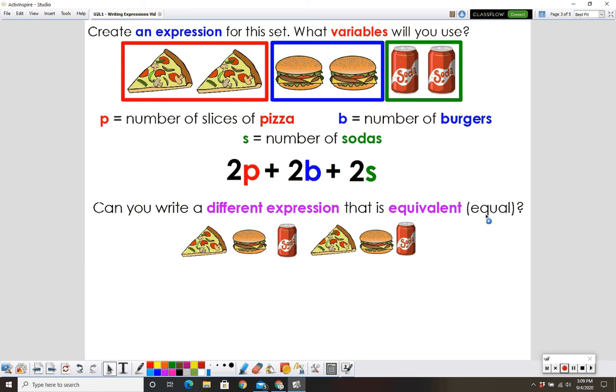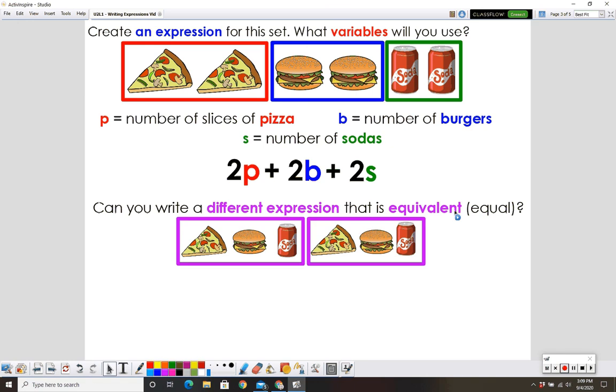And now, when I try to group them together, instead of grouping all my pizza together and all my burgers together and all my soda together, I'm going to try to create groups that are equal. Both groups have 1 pizza and 1 burger and 1 soda. So I can write an expression that tells me how many groups I have and what's inside each group.